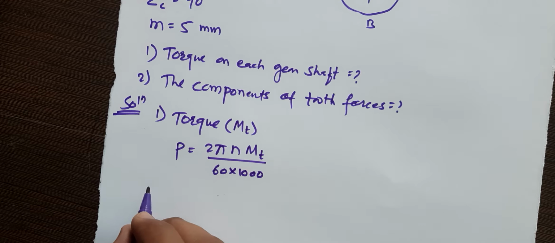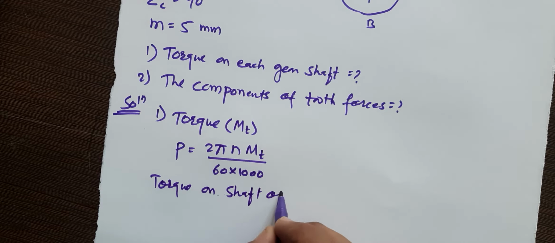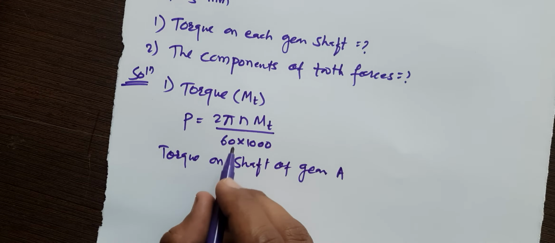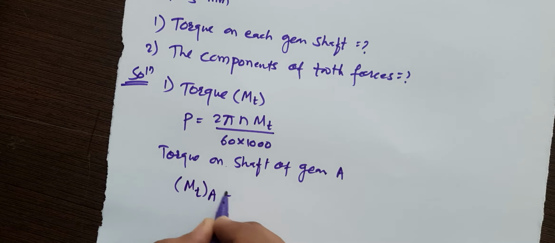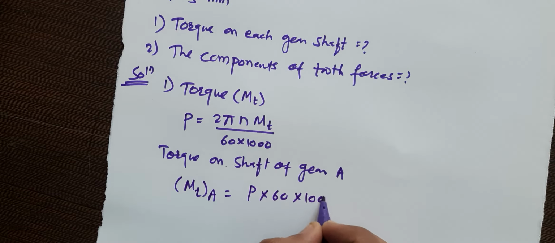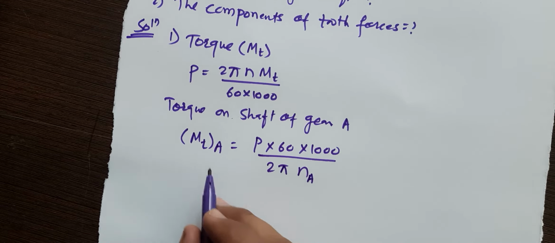So first we will go for torque on shaft of gear A. From this formula we want MtA is equal to P into 60 into 1000 divided by 2 pi into NA. So this will be the formula for MtA.